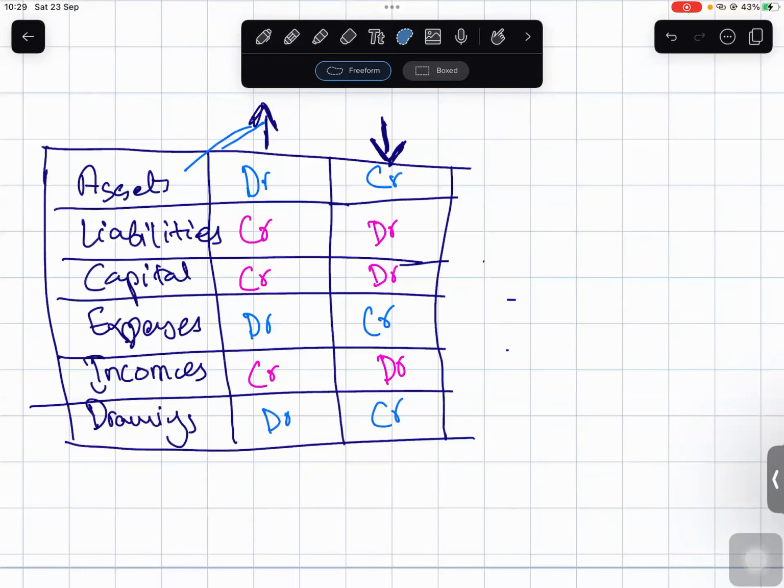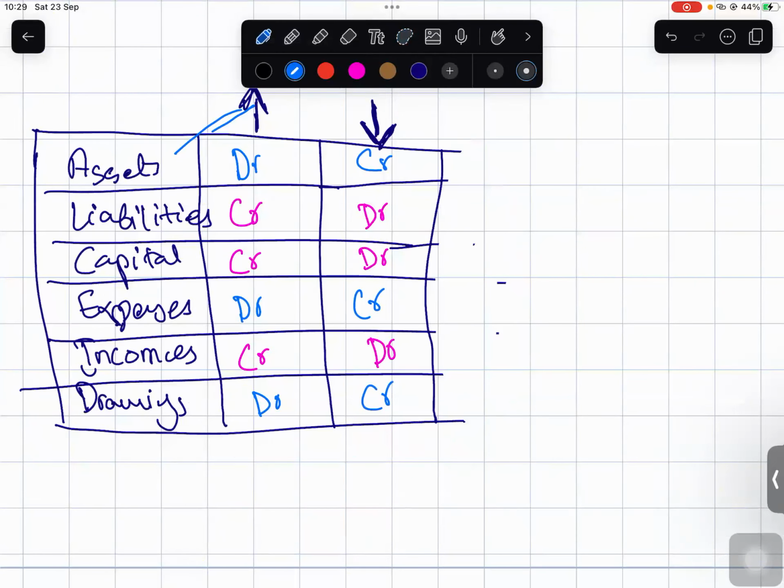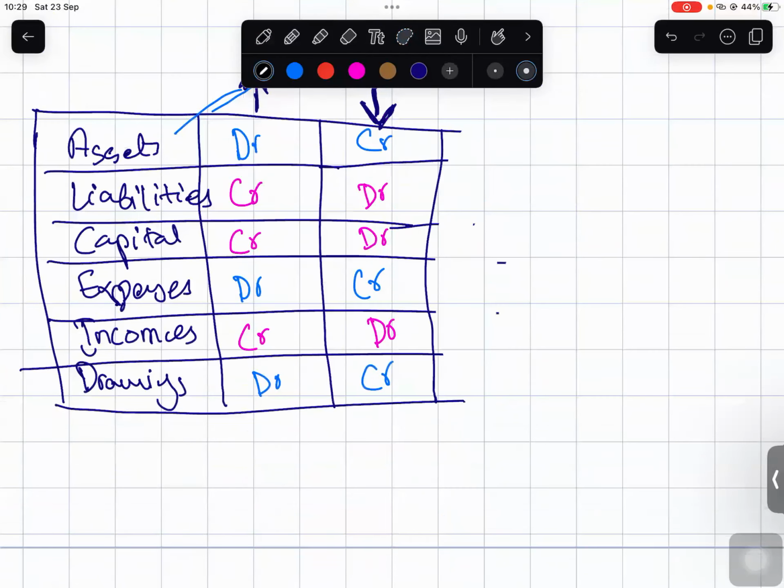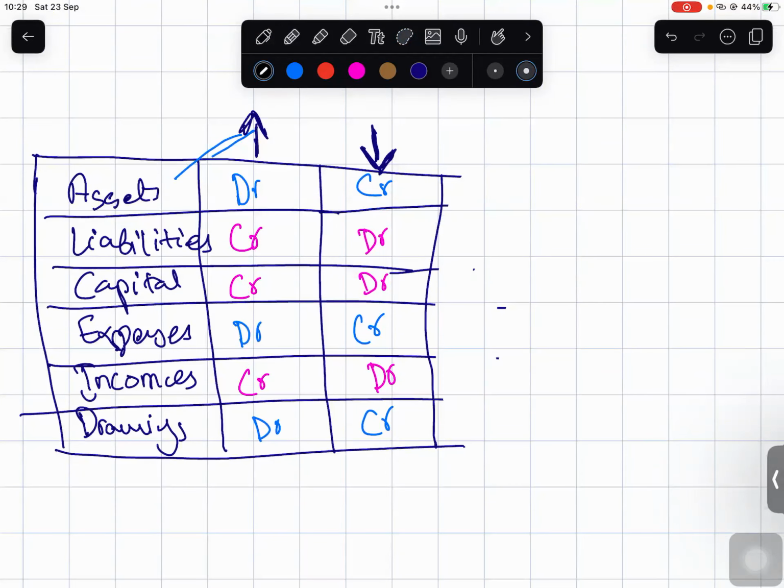Right. So this is an extremely important chart, and the crux of it is that assets, expenses, and drawings have a debit nature.